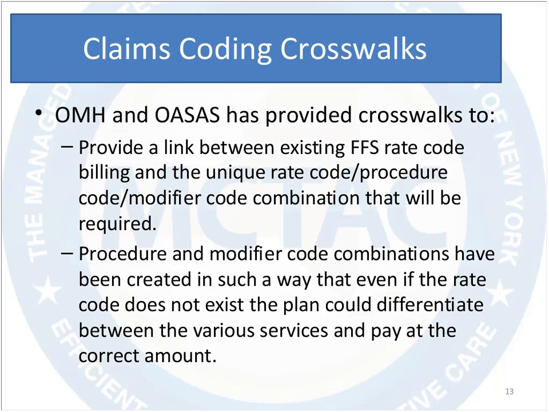Again, I think that the fee-for-service structure as it currently exists in the programs that we're billing will transition over to managed care with no changes. And procedure and modifier code combinations have been created in such a way that even if the rate code does not exist, the plan should be able to differentiate between the various services and pay at the correct rate.